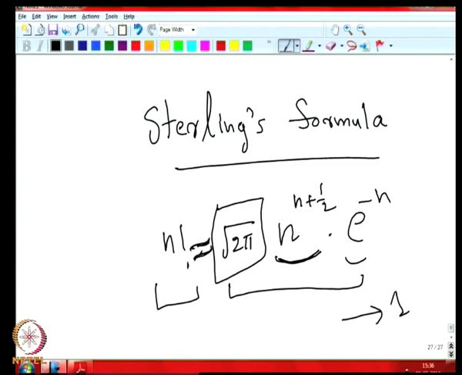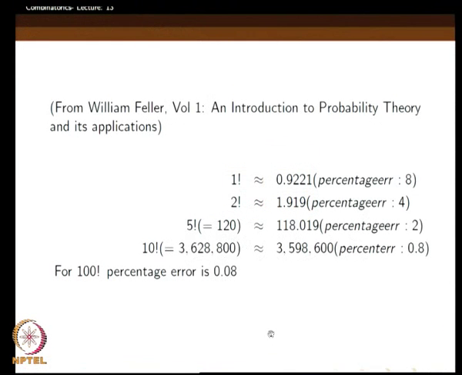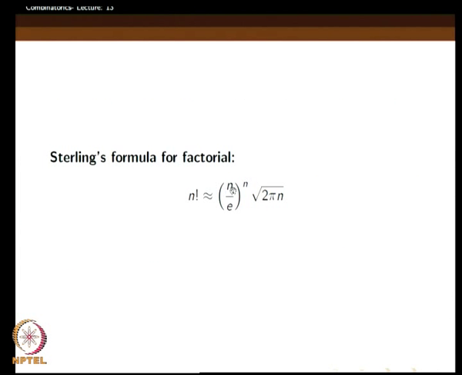In fact, if you consider the difference between the two sides, that means n factorial minus (n by e) to the power n into root 2 pi n, that will become arbitrarily large as n becomes larger and larger, this gap will become bigger than any fixed number. For instance, will it become bigger than 1 million? Yes, it will.